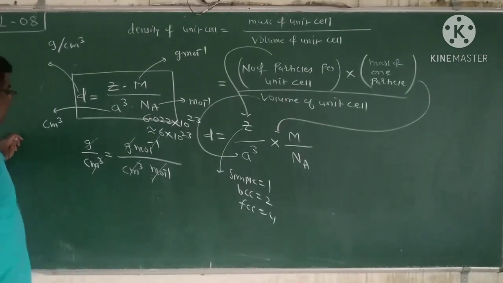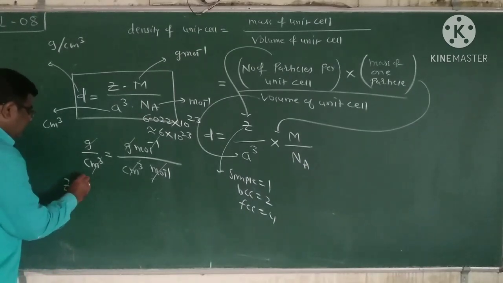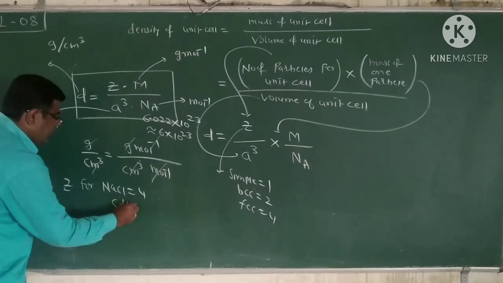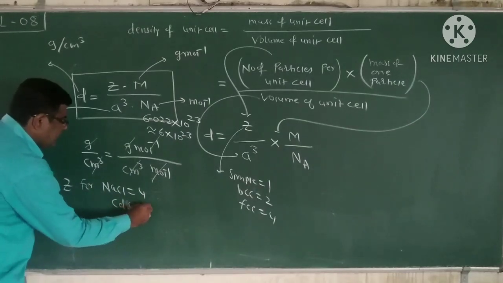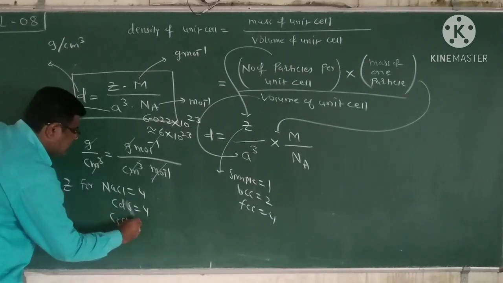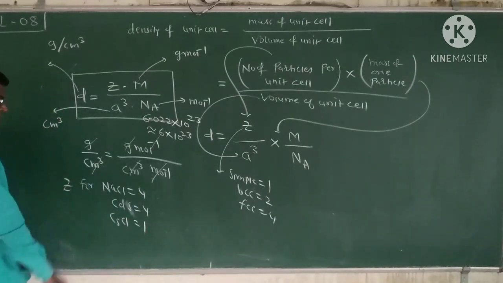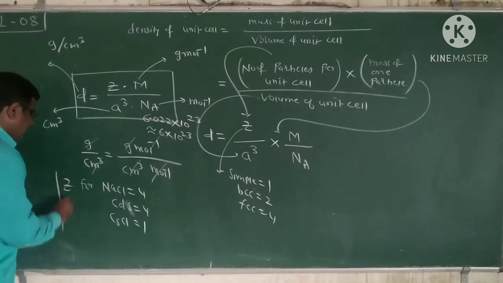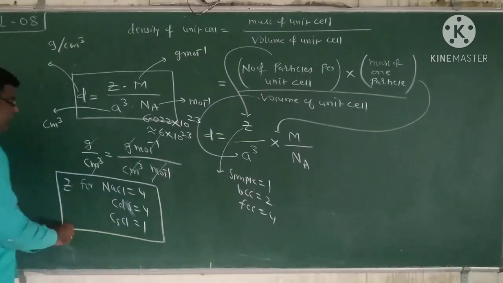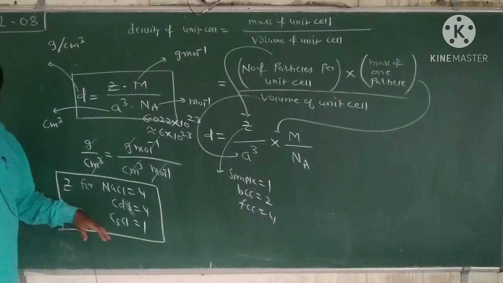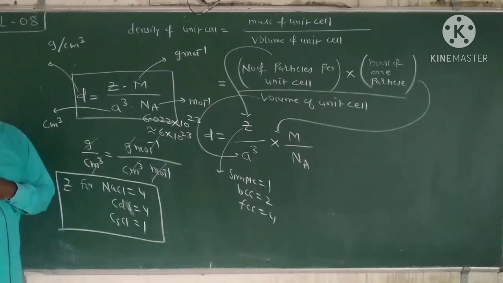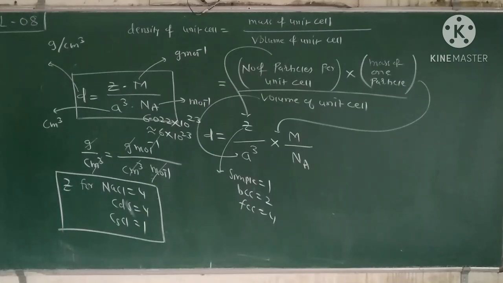I will write here: Z for NaCl is equal to 4, zinc sulfide is also 4, and cesium chloride is equal to 1. Why it is so, we'll see in MCQs, but this is the information we have to remember, that these values are valid for ionic substances. For others, they will give in the question which type of cell we are talking about, and we'll use that information. So this is all about the density formula.